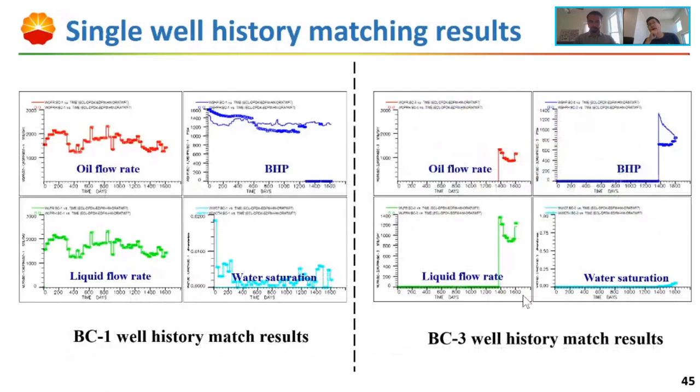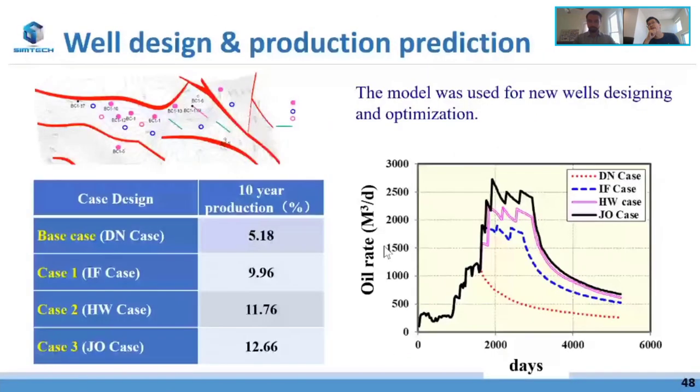And our clients use the matched model to do further well optimization and production prediction jobs. Here, the base case we did is to calculate the production rate, and also we proposed some vertical wells. Of course, we have some horizontal wells to verify our prediction.